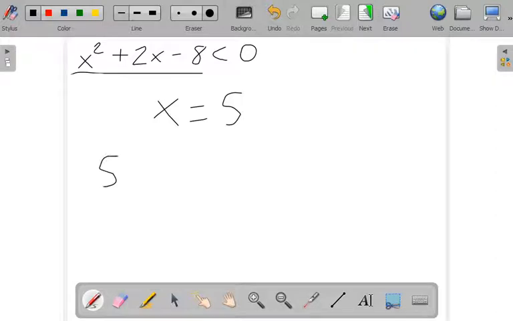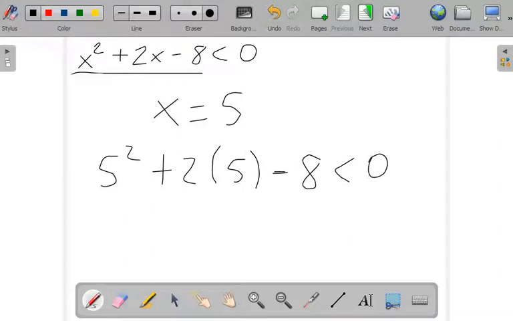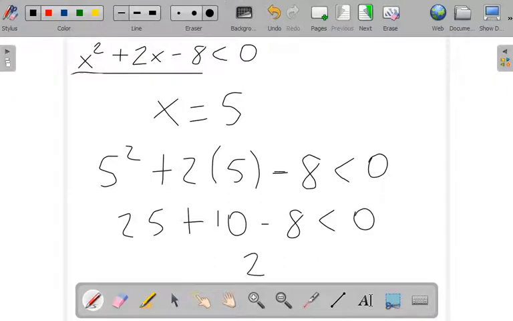So we have 5 squared plus 2 times 5 minus 8 is less than 0. So that's 25 plus 10 minus 8 is less than 0. 27 less than 0, which is not true. 27 is not less than 0.